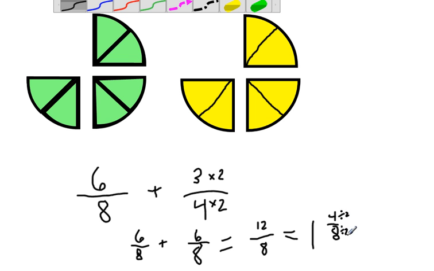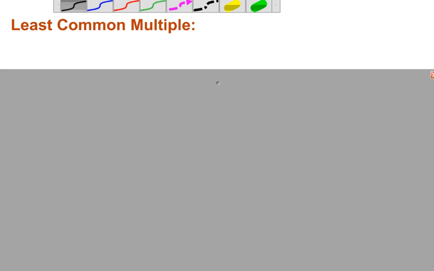So total, my final answer is I have 1 whole, let's call this pizza, and then I have half left. So I can divide by 4 here. Divide by 4, and that simplifies to 1/2. 1 and 1/2. Okay. Next slide.